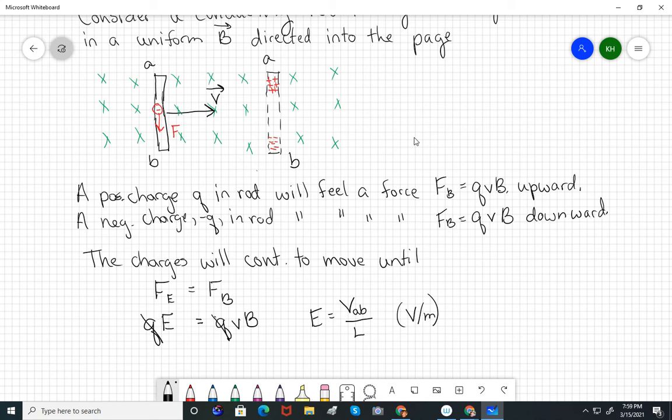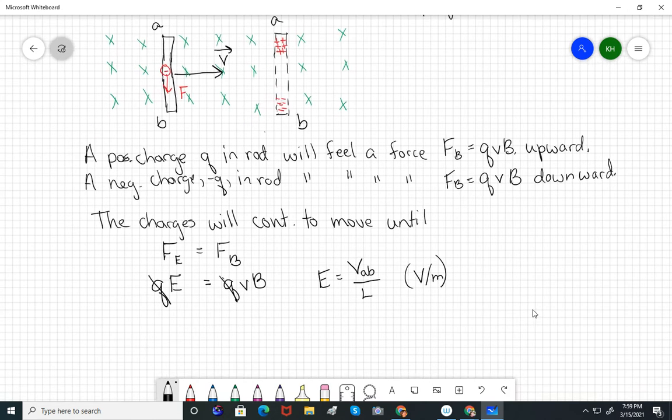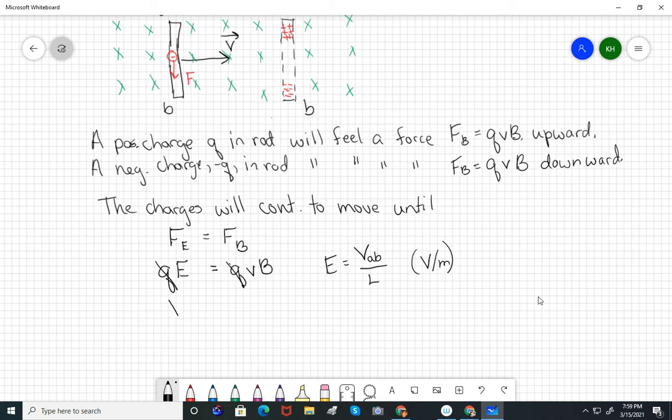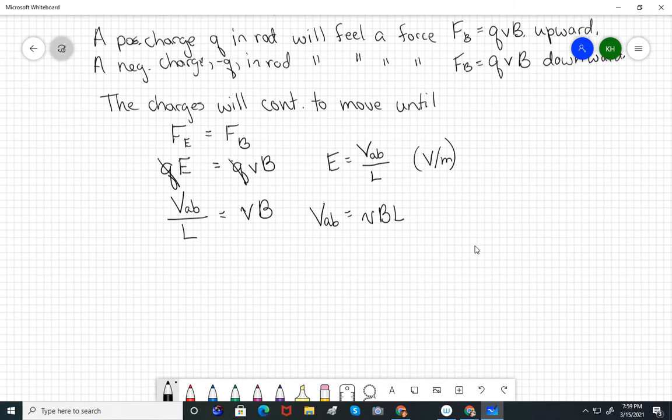So the voltage difference between point A and point B divided by the length is equal to v. This is lowercase v, the speed vector right there, times B. What I see is the voltage difference between the 2 points is equal to vBL. And that's our formula for motional EMF, or an induced EMF due to motion.